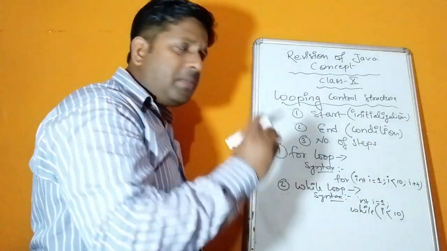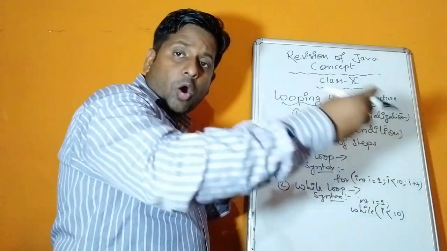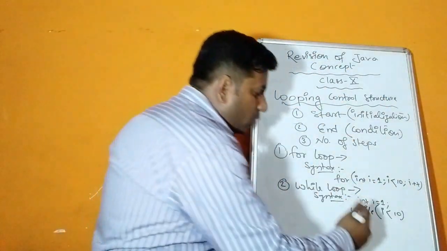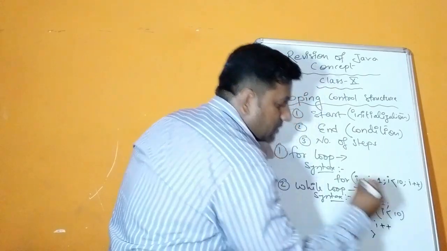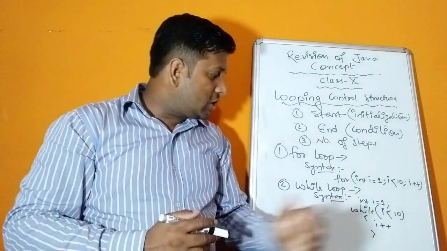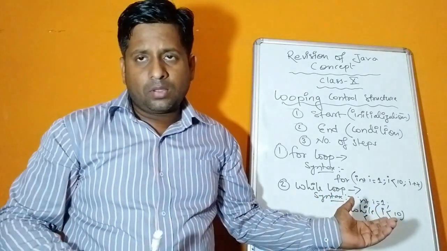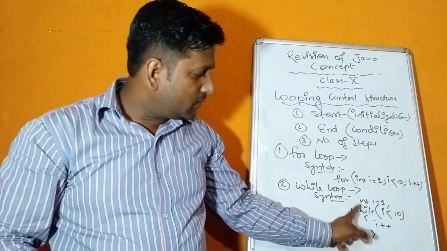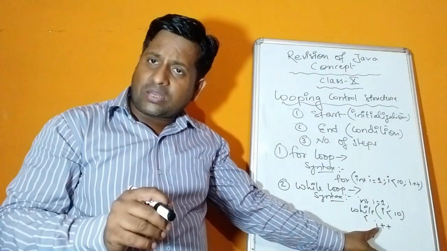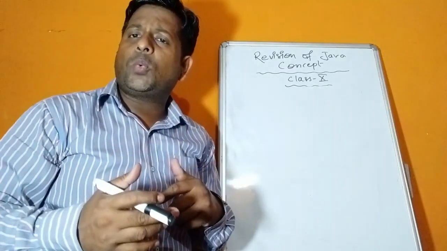And increment or decrement, that means number of steps, whether it is increasing or decreasing, that will be inside the pair of curly brackets, say i plus plus. So children, this while loop is known as entry control loop. That means before entering to the statement, before executing the statement.